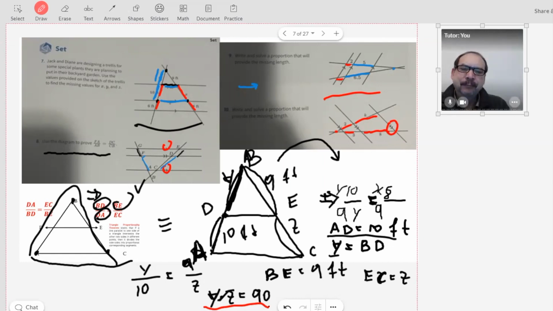How do I solve number... like using the theory? Let me see if I have... I need a bigger picture. Just a second.